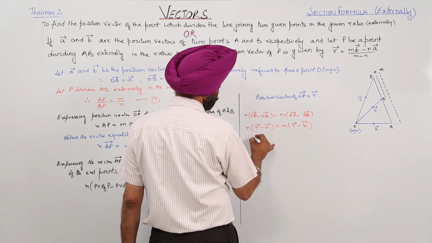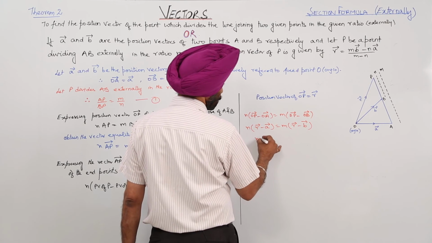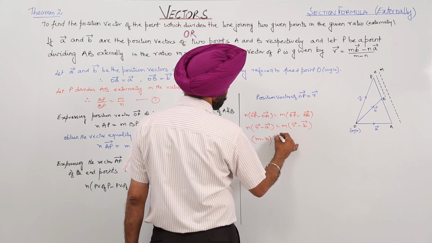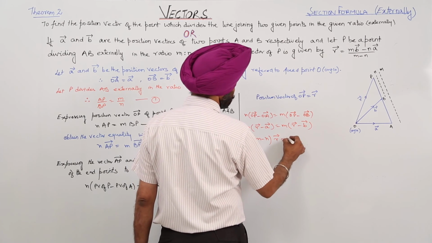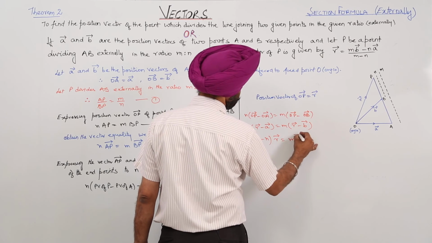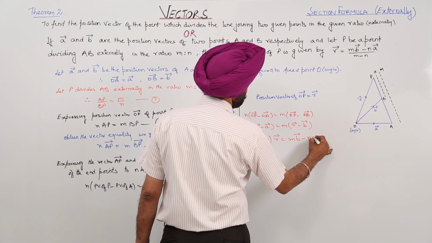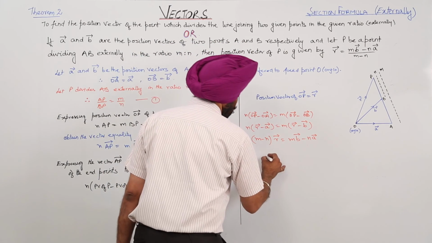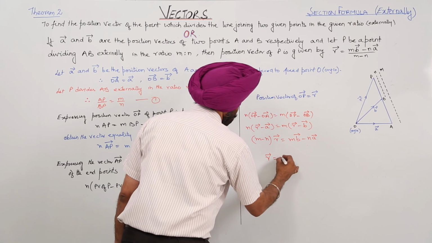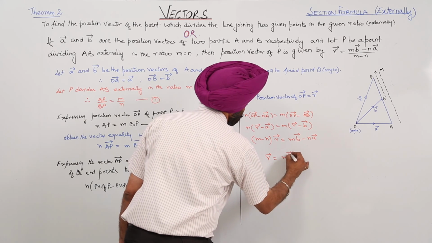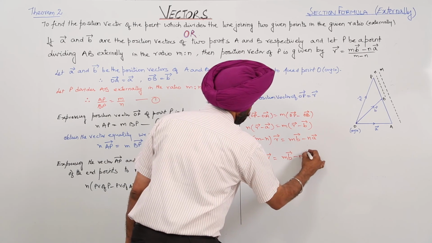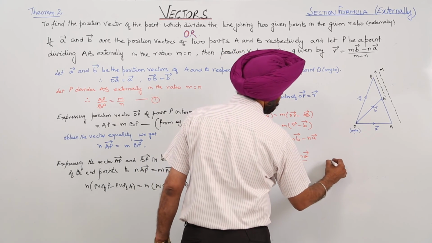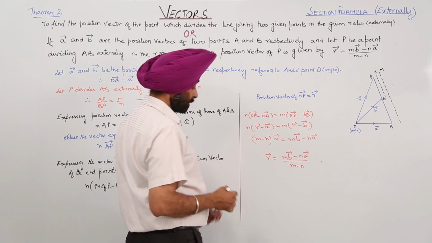On solving, we get m minus n times vector R is equal to m vector B minus n vector A, or vector R is equal to m vector B minus n vector A upon m minus n.